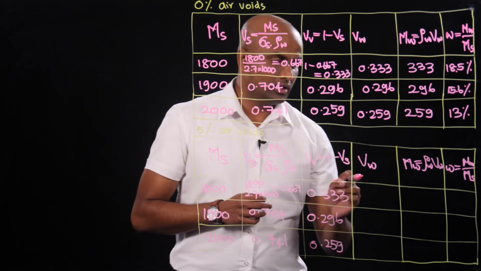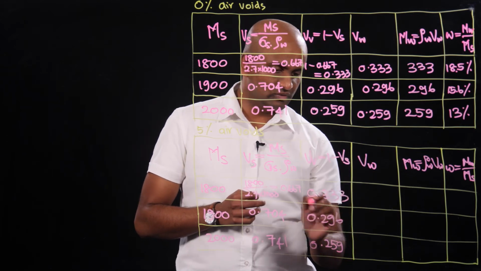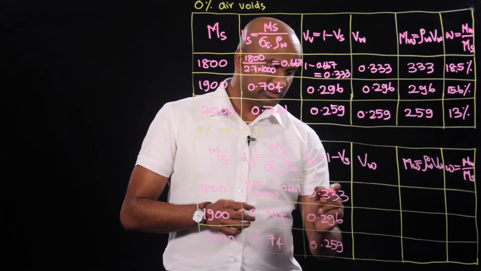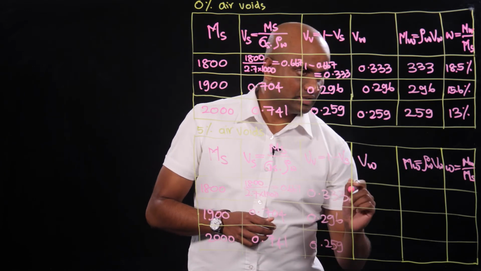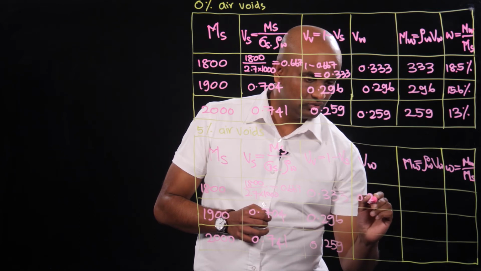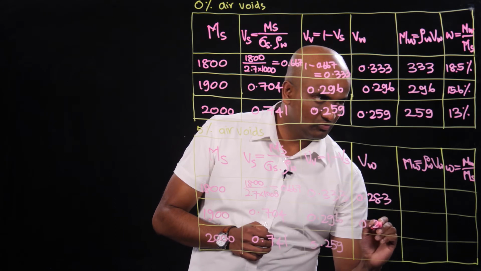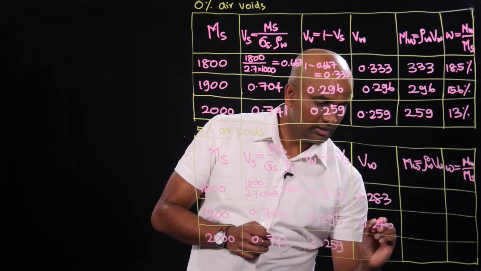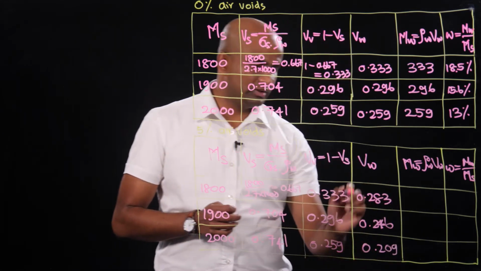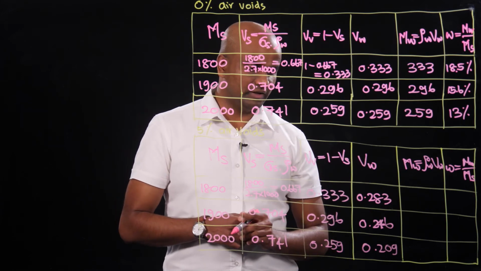Therefore your volume of water is just 95% of these values. That will be 0.283, 0.246 and 0.209. That was calculated by multiplying these values by 0.95.